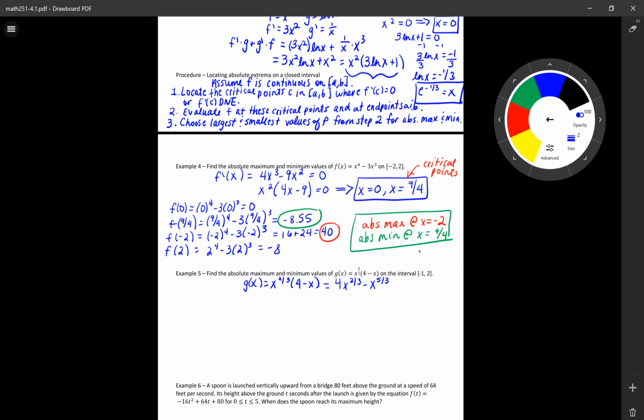And I want to find this derivative, so g prime of x using the power rule here is equal to 8/3 times x to the power of negative 1/3 minus 5/3 x to the power of 2/3. All right, now this is tricky, but here is how I want to simplify this a little bit to make it easier to solve for when g prime is undefined or equal to 0.